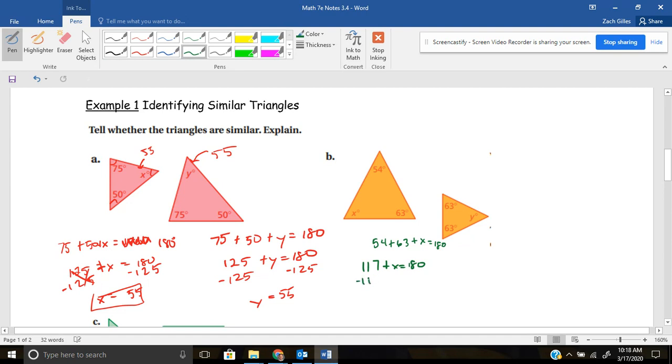To solve, I would subtract 117 on both sides, and X would be equal to 180 minus 117, which totals 63. So X would equal 63.